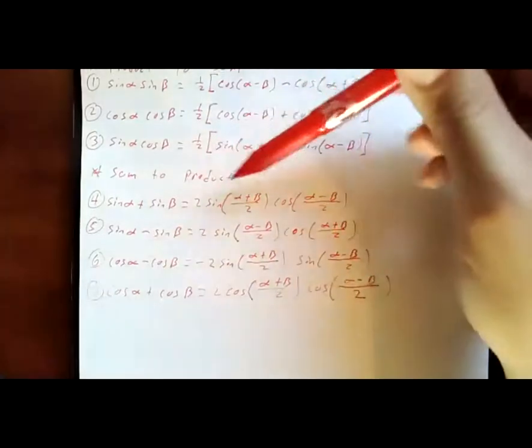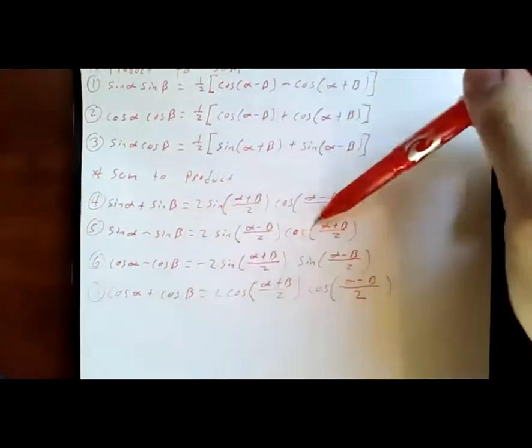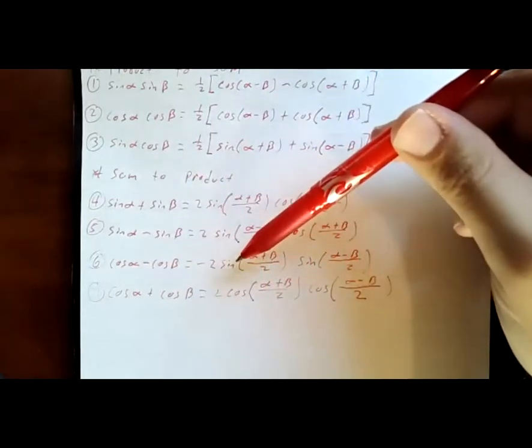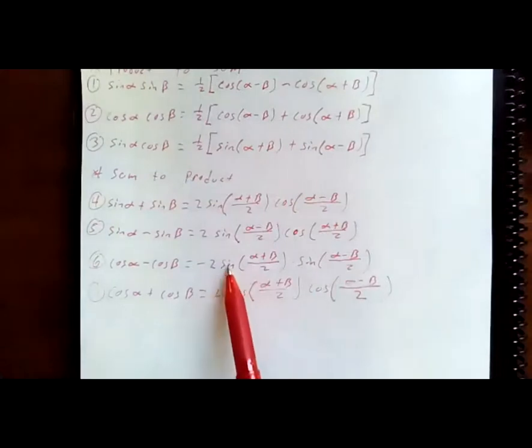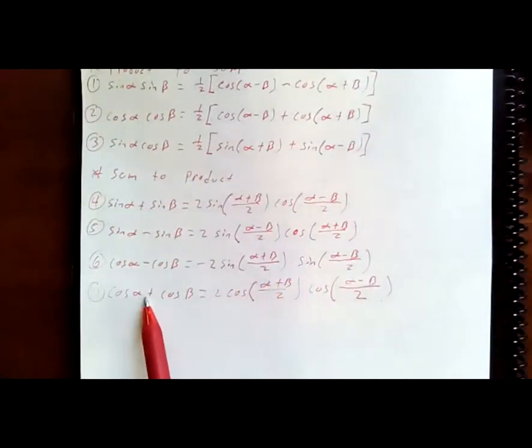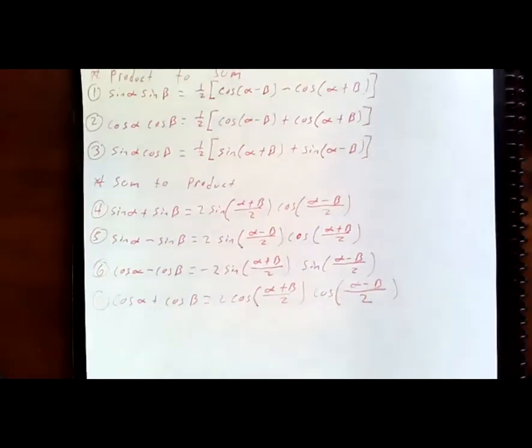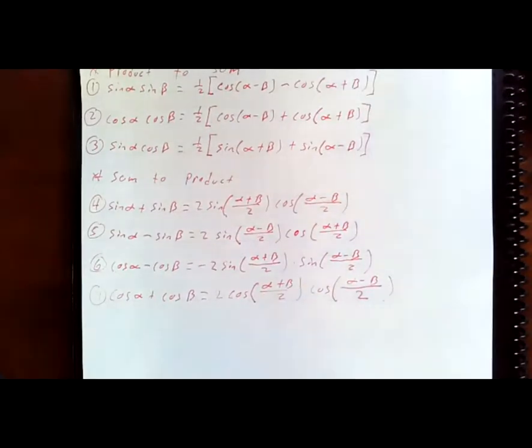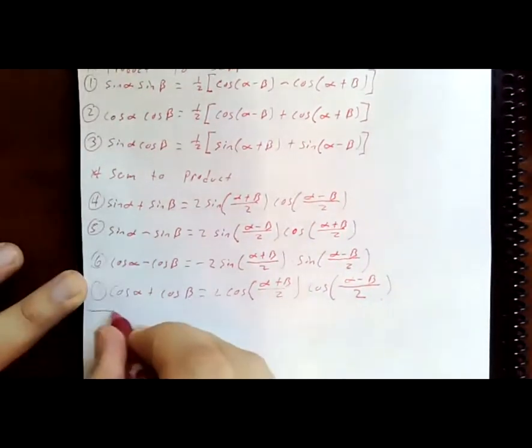Like this one has sine cosine, this has sine cosine, but when they're both cosines, then it changes. So if it's a minus, then they're both sine. If it's a plus, they're both cosine. So the cosines are a little different. Okay, so those are all the formulas we need for 8.7.